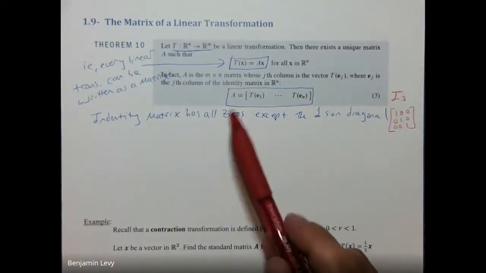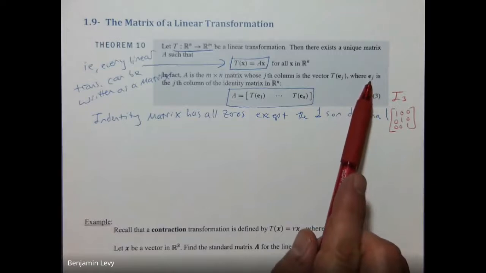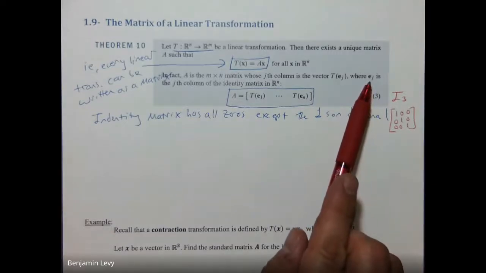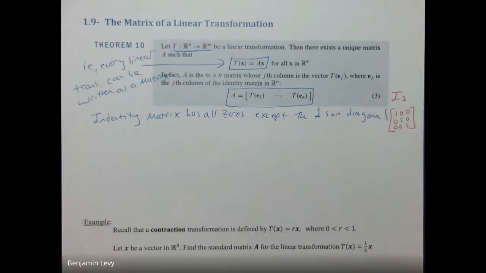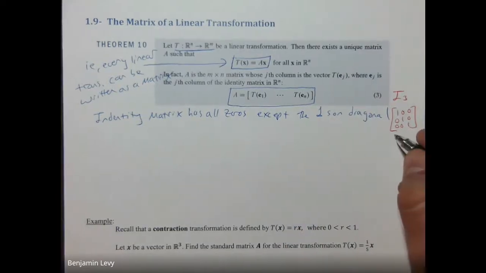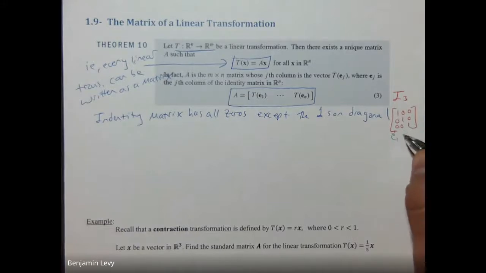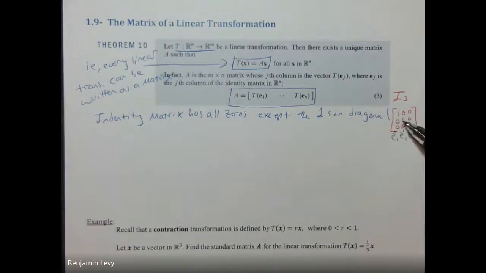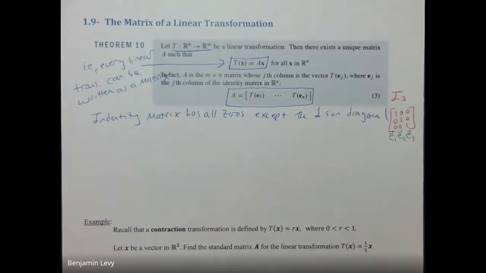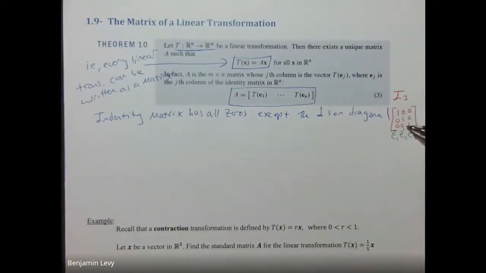Now, what this is saying is that e_j, where j is an index, is the jth column of the identity matrix. In I3, e1 would be the first column, e2 would be the second column, and e3 is the third column. Again, this matrix gets bigger depending on the dimension.